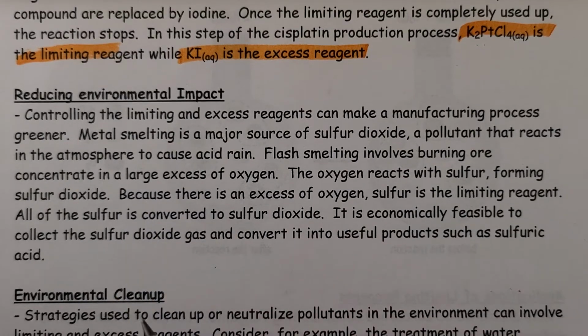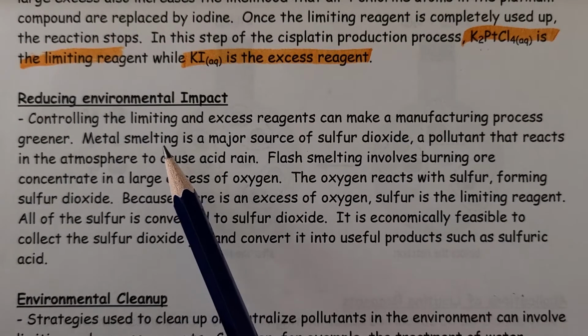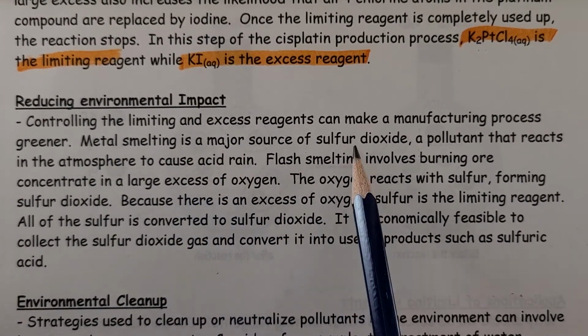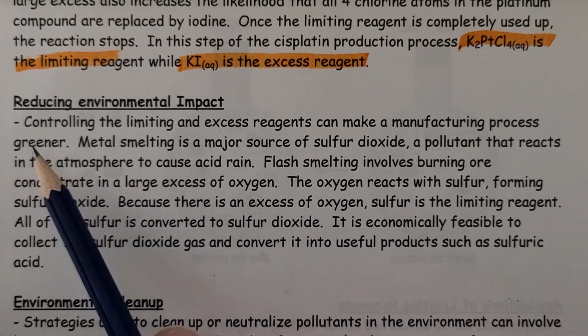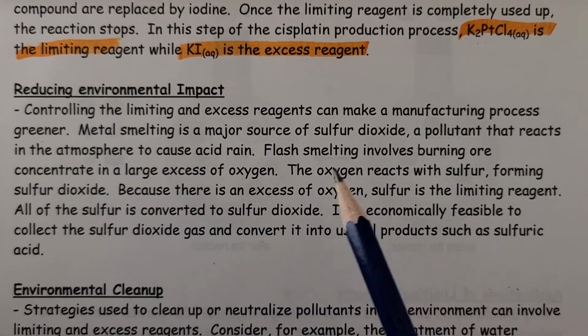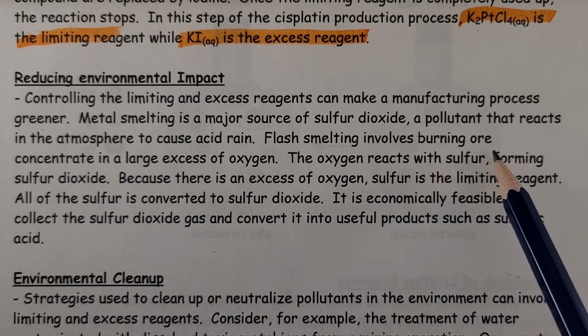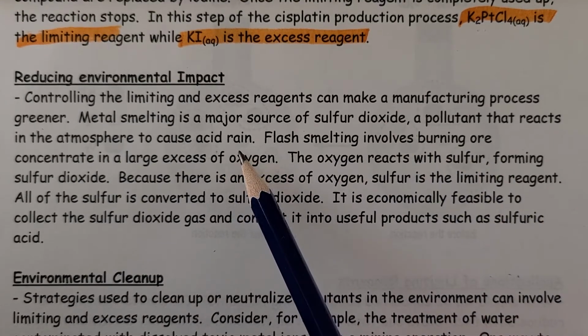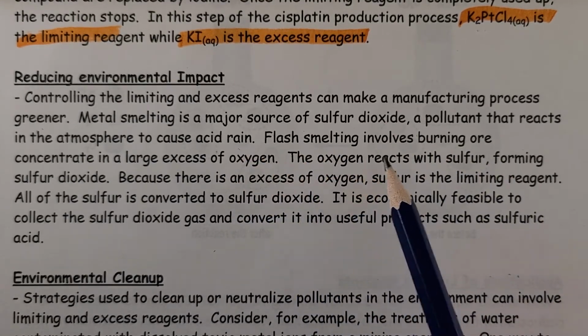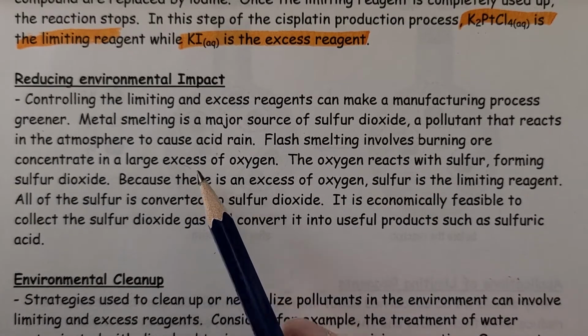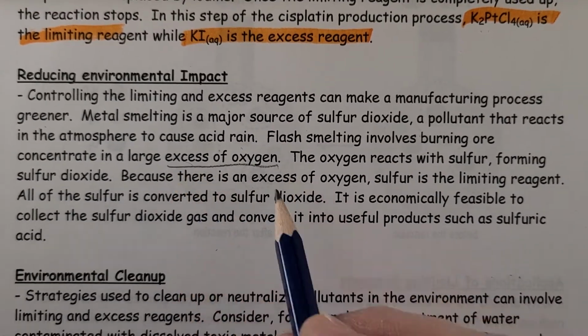Okay? Looking at reducing environmental impacts, controlling the limiting and excess reagents can make manufacturing processes greener. Metal smelting is a major source of sulfur dioxide, a pollutant that reacts in the atmosphere to cause acid rain. Flash smelting involves burning ore concentrate in large excess oxygen.